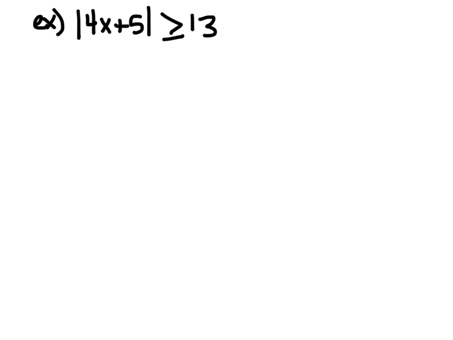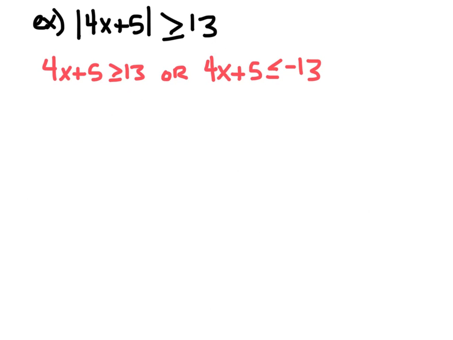All right, now let's look at the next example. The absolute value of 4x plus 5 is greater than or equal to 13. Since it's greater than or equal to, remember that we split it up into a compound inequality like this. We take the original without the absolute value: 4x plus 5 is greater than or equal to 13, or what's inside the absolute value, 4x plus 5, is less than or equal to negative 13.